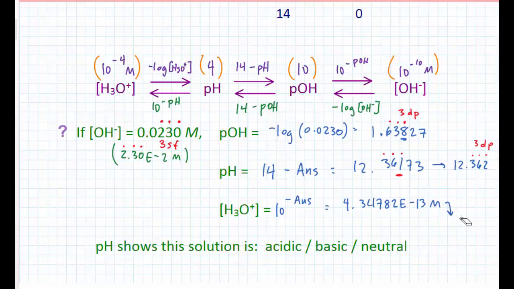So the molarities, the concentrations, the square bracket ones, those have sig figs. The p-values have that same number of decimal places. So this is a concentration, so it's going to have sig figs. How many sig figs? Yep, 3 sig figs. So what would it be? 10 to the negative 13.